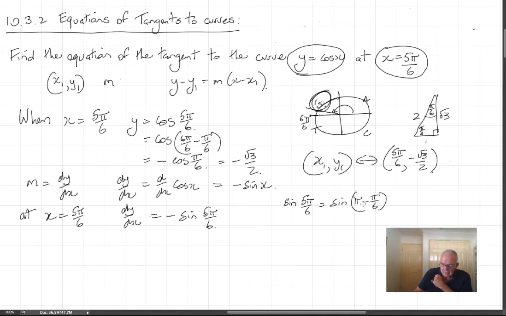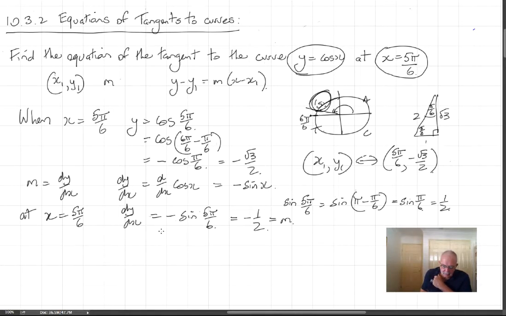So that is the second quadrant. Sine is positive, so it's just equal to the sine of π/6. Sine of π/6 is 1/2. So the sine of 5π/6 is equal to 1/2. So negative that is equal to negative a half.